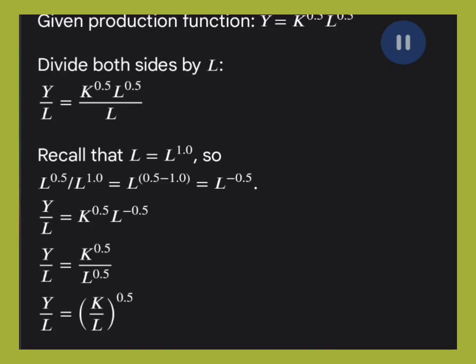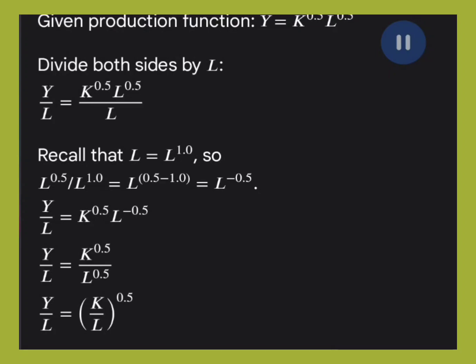Y over L equals K to the power of 0.5, L to the power of minus 0.5. Y over L equals K to the power of 0.5 over L to the power of 0.5. Y over L equals, left, K over L, right, to the power of 0.5.